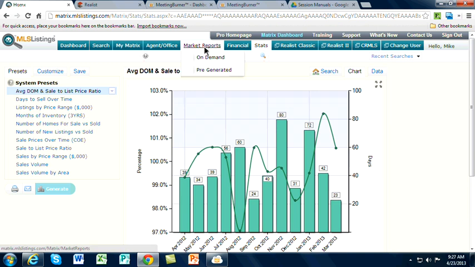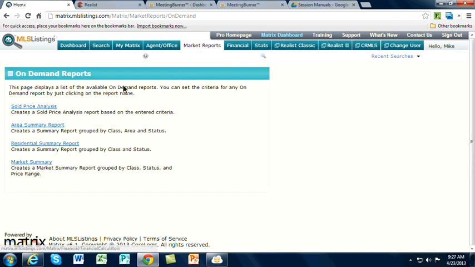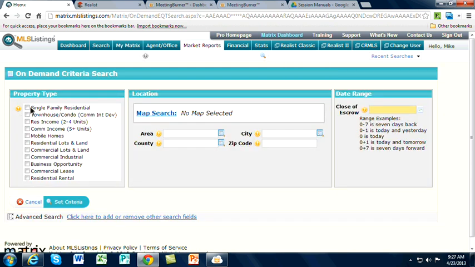So I would always start with that. There are some other market reports that look kind of interesting, but I'm not going to go through them all. Basically, it'll show you everything that's happened within a zip code. Why don't I do one? An area summary report or a residential summary report by class and status, class, area, and status, creates a summary based upon entered criteria.